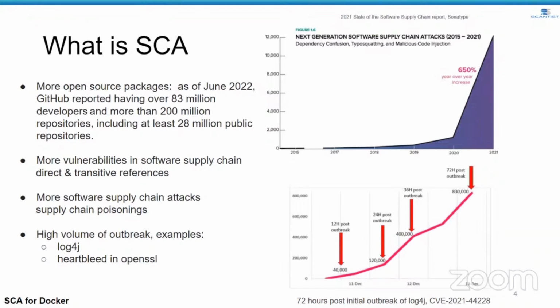With more open source projects, we have more vulnerabilities in our supply chain, and also more supply chain attacks. A typical example, from last year until now, is still not fixed. It's a critical issue. The reference also says that by 2025, the number of supply chain attacks jumped about 600 times.